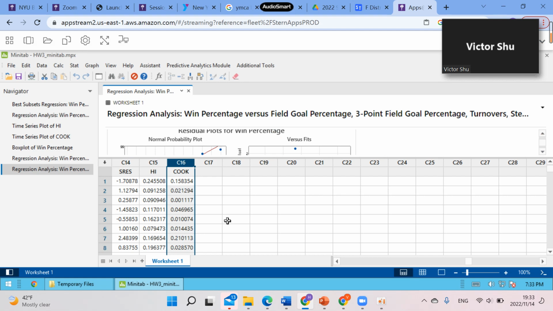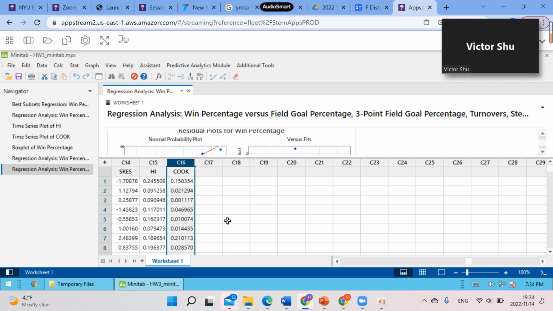I don't think you really have to replicate my steps, right? In your homework, all I expect you to do is observe some large or small residuals, observe some large leverage or Cook's distance, right?